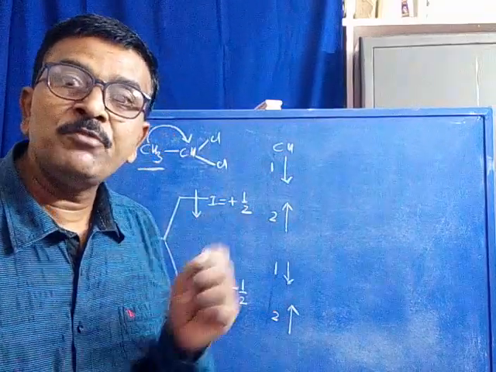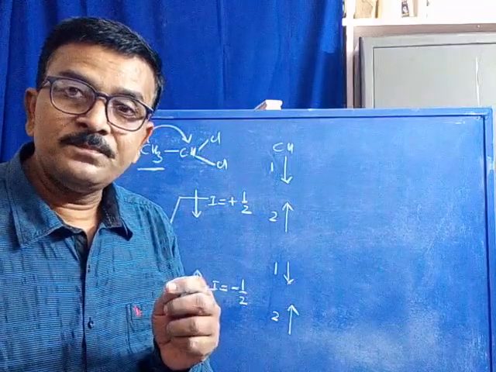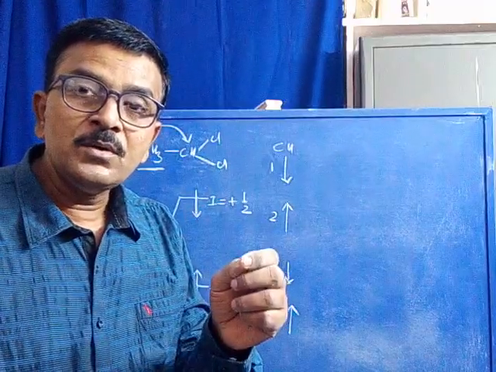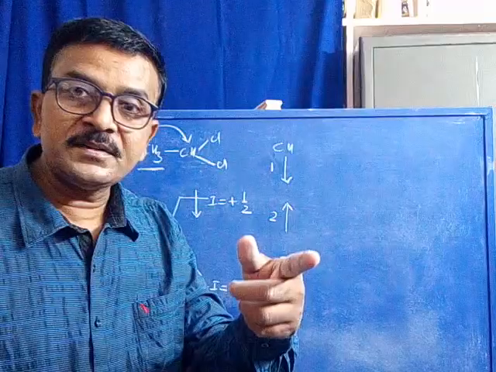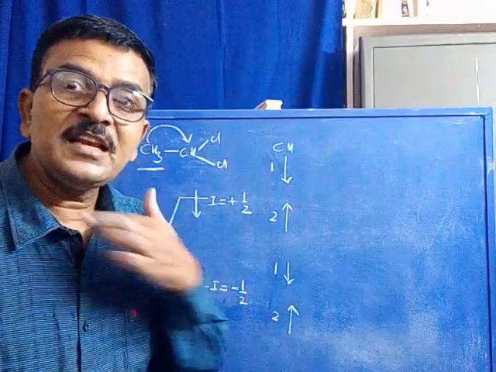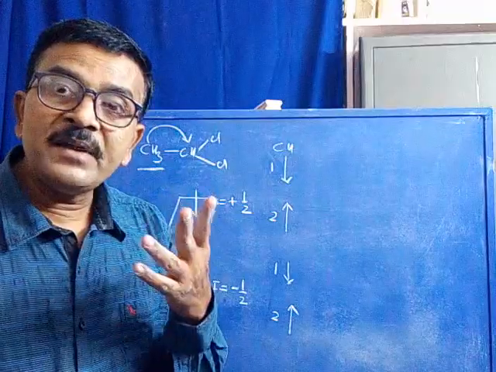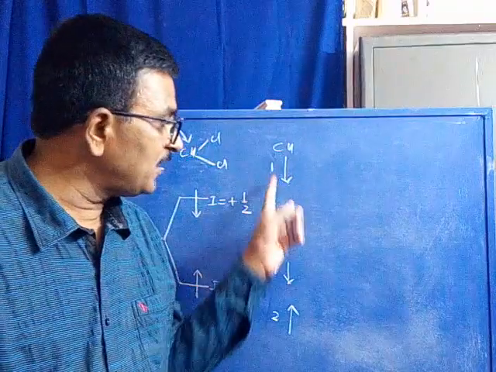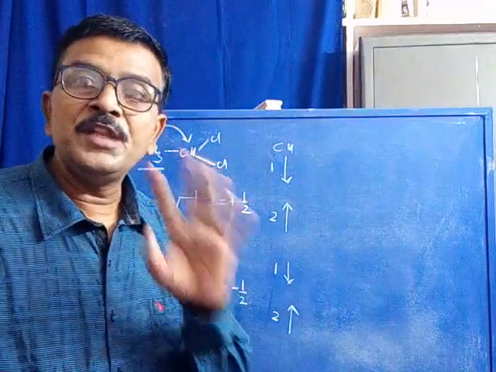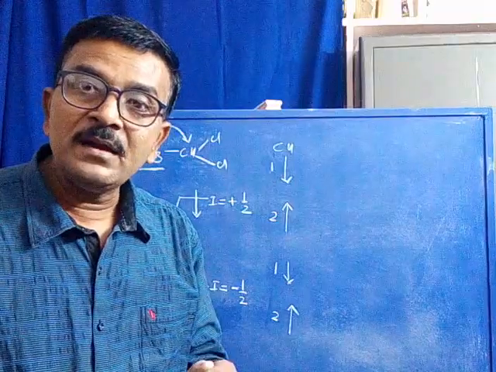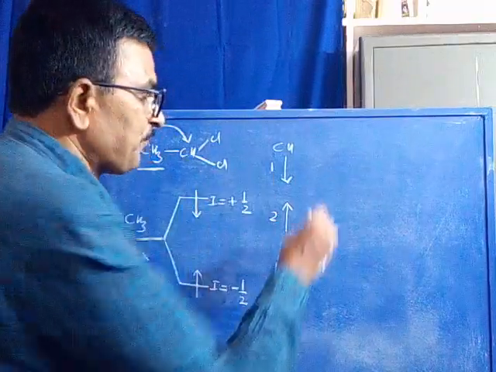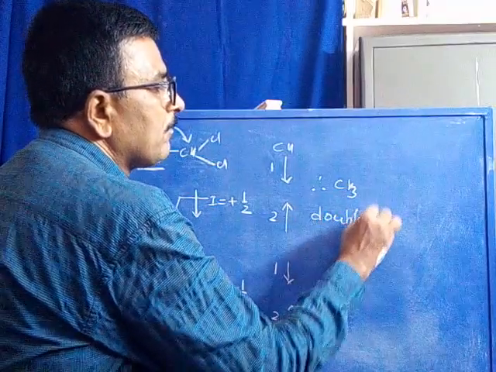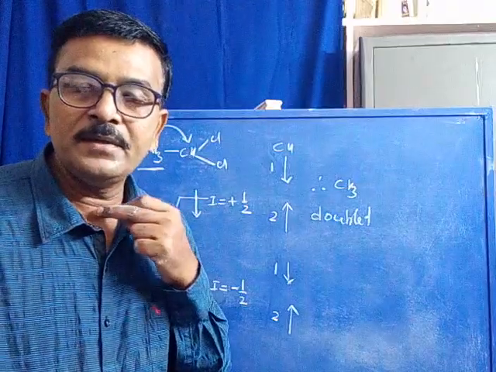Therefore, as we learned, the number of lines for a spin coupled proton signal will be equal to the number of orientations of the adjacent proton. Here, the CH3 proton signal depends upon the number of orientations of the CH proton. Here the CH proton has only two orientations. Therefore, the CH3 proton signal appears with two lines, called a doublet.